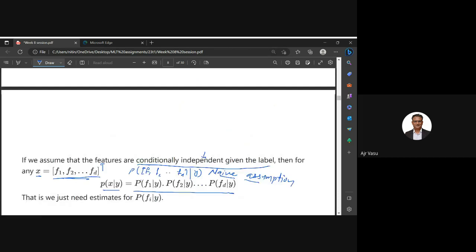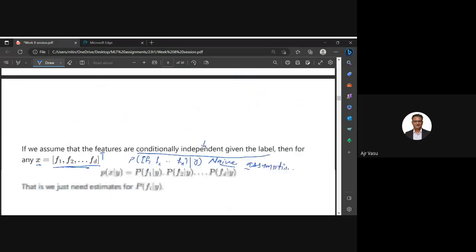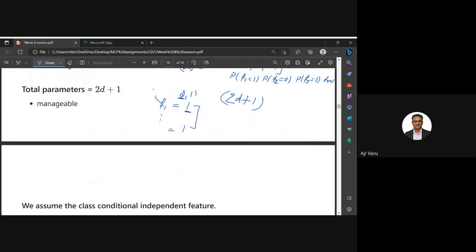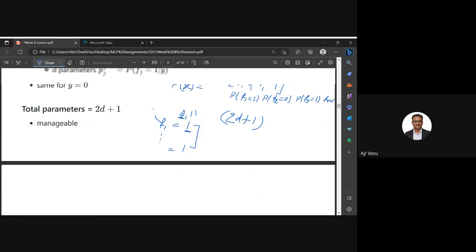I mean, the 2 power d doesn't matter. I'm saying it's k minus 1. Whereas here, that's what I'm asking: how does the generative story fundamentally change between the first one versus this one? I'm not talking just about the parameters, sir.